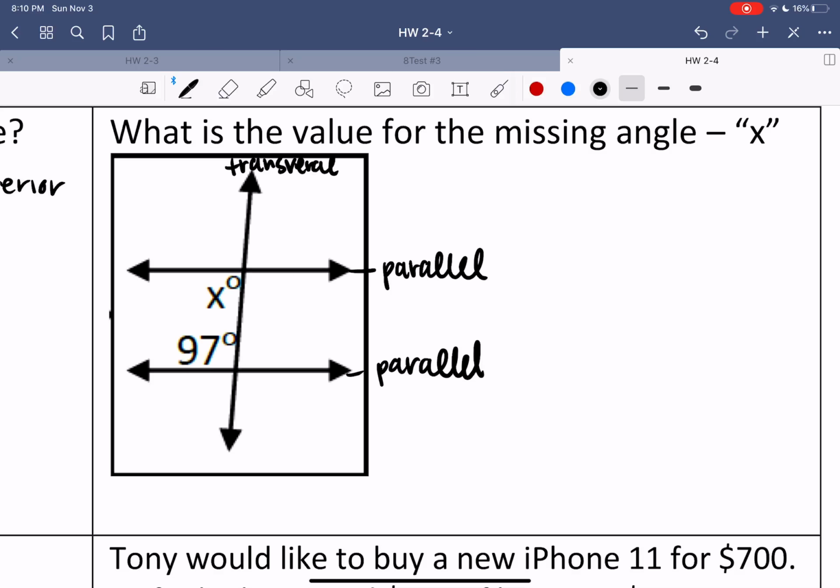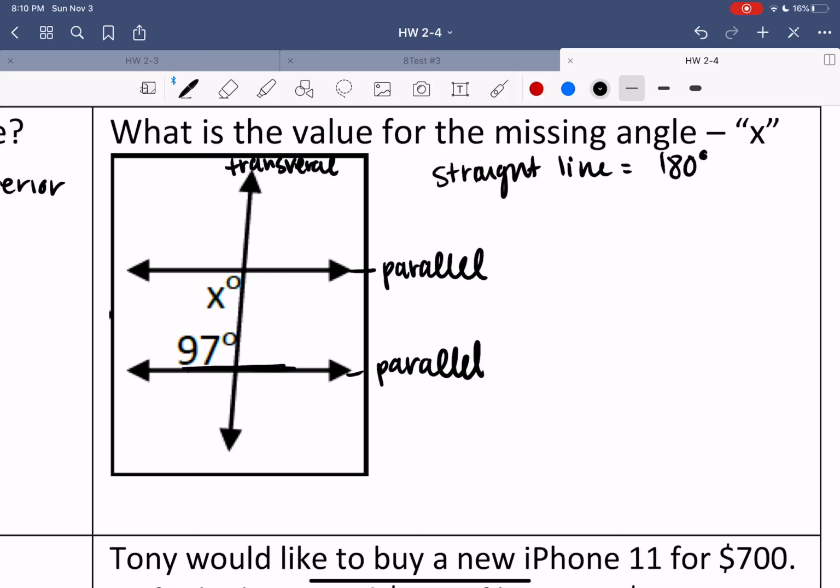And a good way to see it: let me see here. If we see there's a straight line, we know a straight line equals 180 degrees.